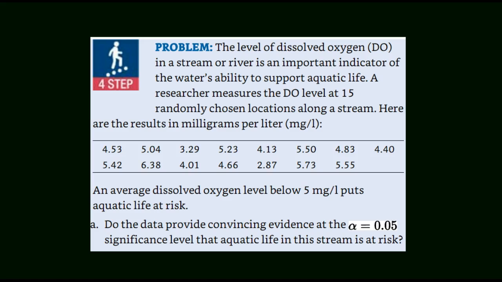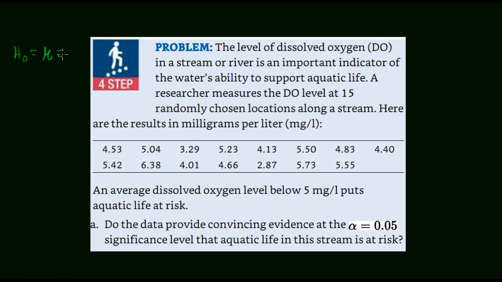An average dissolved oxygen level below 5 puts aquatic life at risk. Do the data provide convincing evidence at the alpha equals 0.05 significance level that the aquatic life in the stream is at risk?